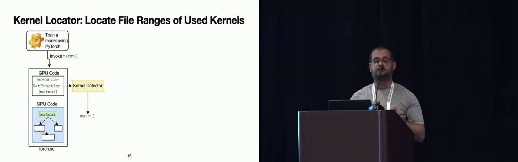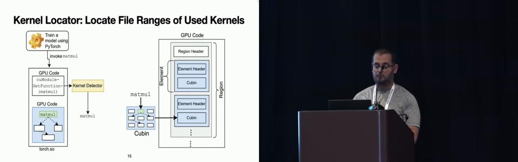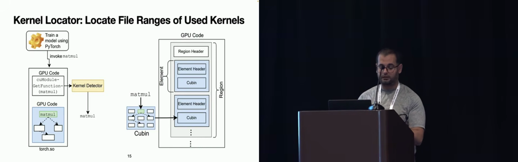Now moving to the next step, after detecting the kernels that have been called, now is to identify or to locate the file range used by that kernel. So to do this, Negativa-ML does the following. It analyzes the structure of the GPU code according to the CUDA documentation manual.